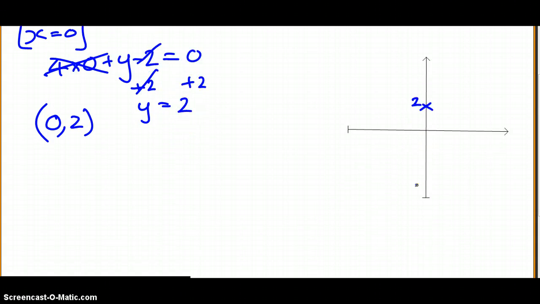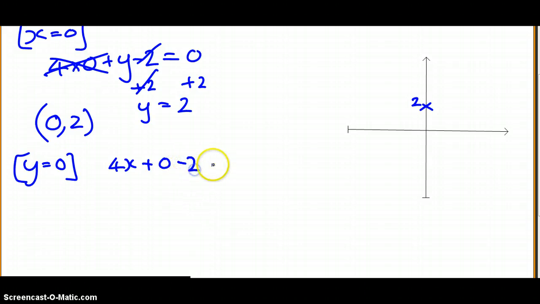Second step, make y equal to 0. Substitute into the equation. 4 lots of x plus 0 minus 2 must equal 0. One equation, one unknown, it's solvable.